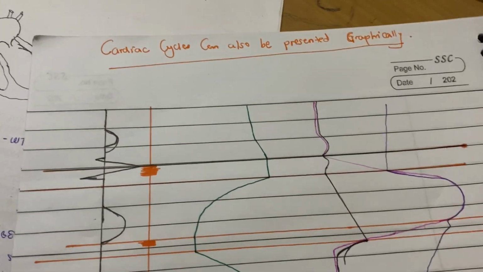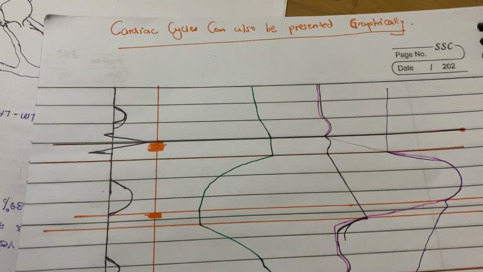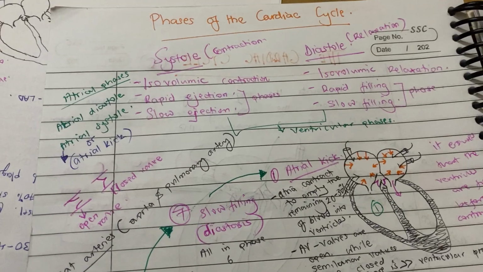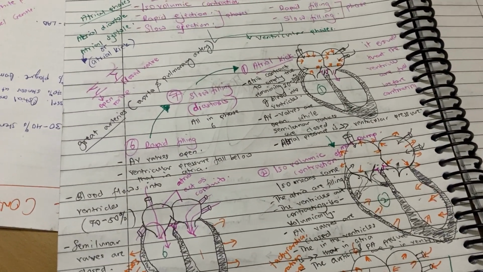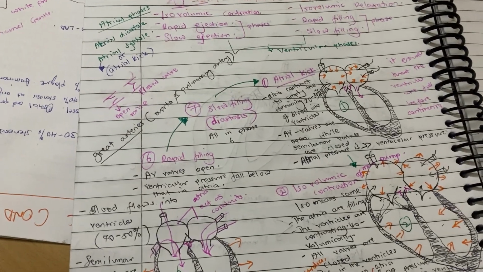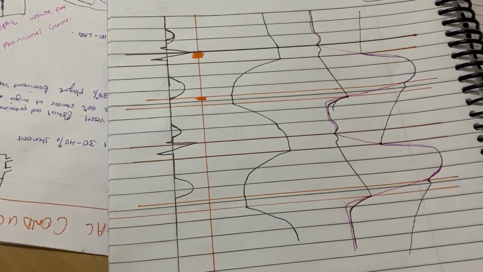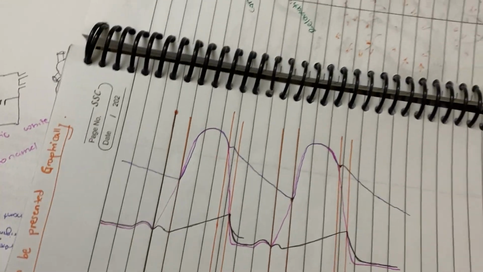Now, a cardiac cycle can also be presented graphically. All these phases we have seen here can be presented graphically on this complex of graphs.